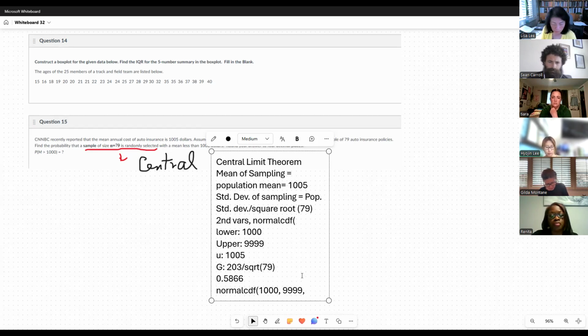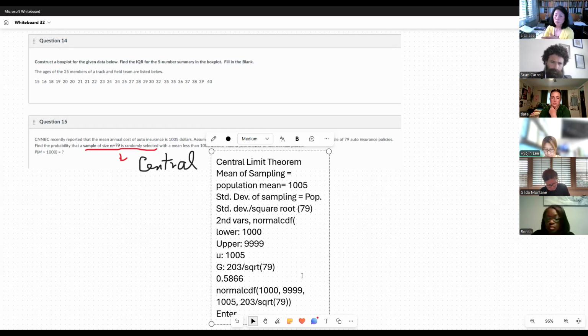1, 0999, comma. For TI-83, just type in like this: 1005, comma, and the standard deviation, 203 divided by the square root of sample size 79. And enter, right? Enter, and it gives it to you.